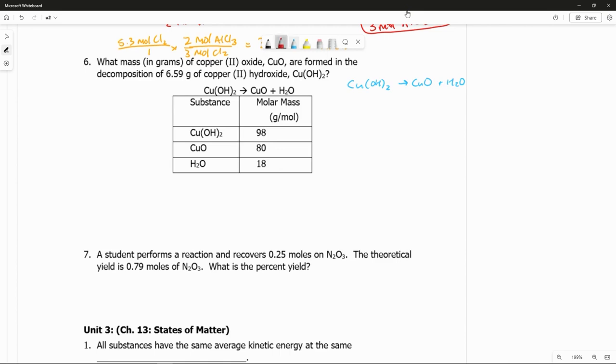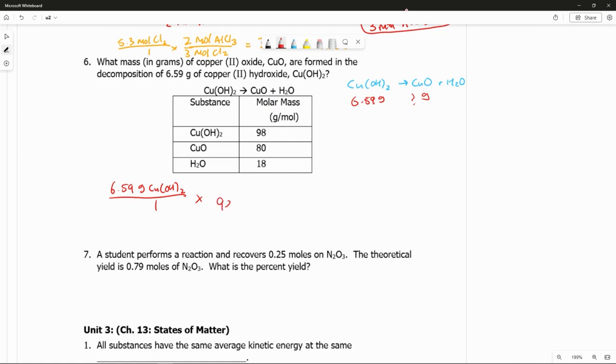So in the beginning, we're given 6.59 grams of copper 2 hydroxide, and we're looking for the mass in grams of copper 2 oxide. So we're looking for grams. We always start with the number we're given, 6.59 grams of Cu(OH)2. And we have to use our molar mass, which is given in this table here.